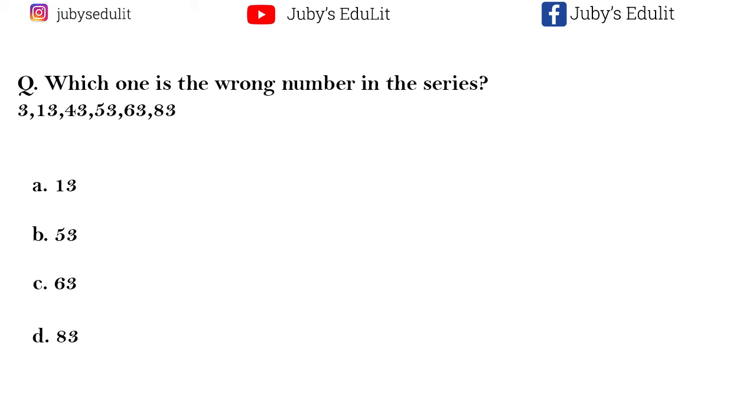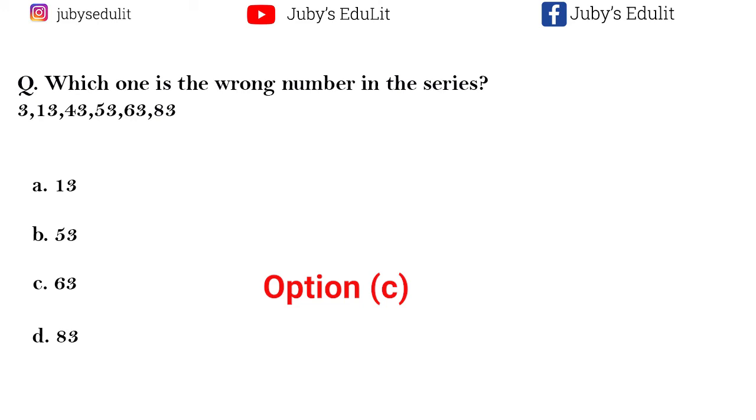Understand? So the wrong number given here is 63, which is option C. The order must have gone like 10, 30, 10, 20, 10. Instead of it, they have given 10, 30, 10, 10, 20, which is wrong, and it is 63.